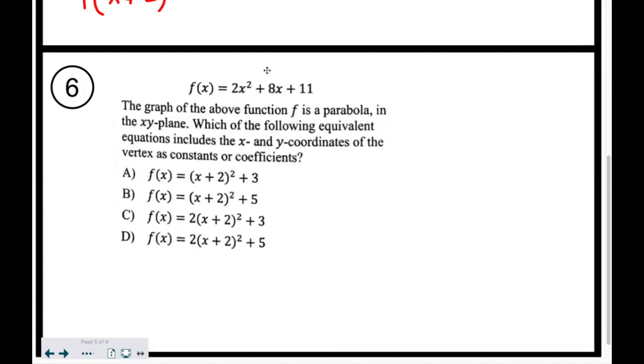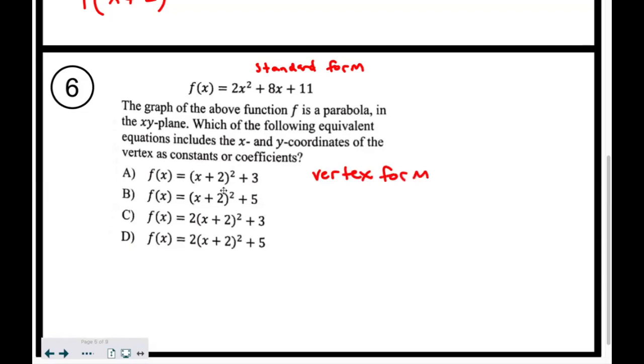So this is in standard form. And when they say this kind of strange sentence, that it includes the x and y coordinates of the vertex as constants or coefficients, that is just them saying they want the answer in vertex form.